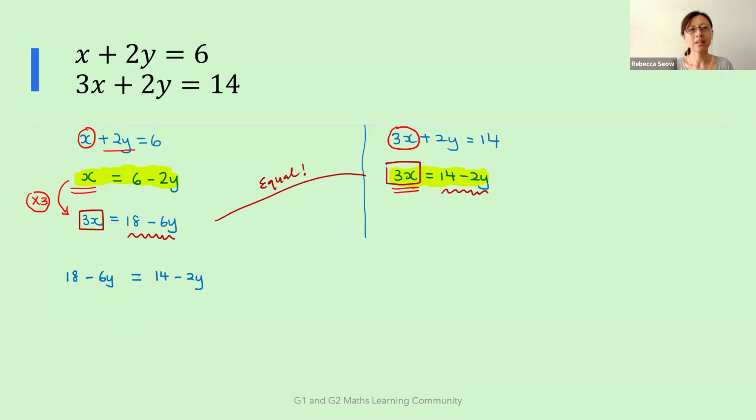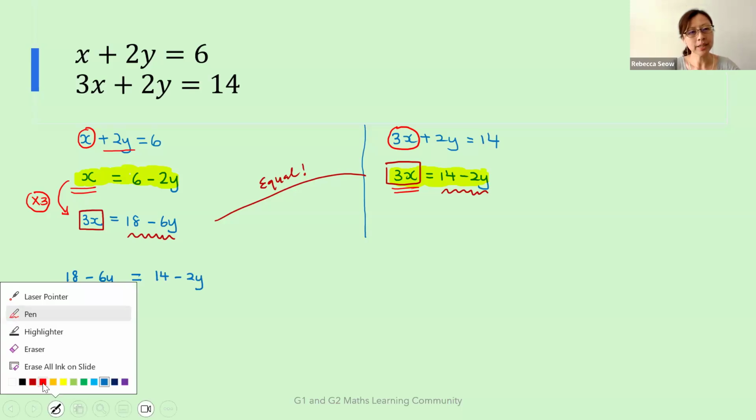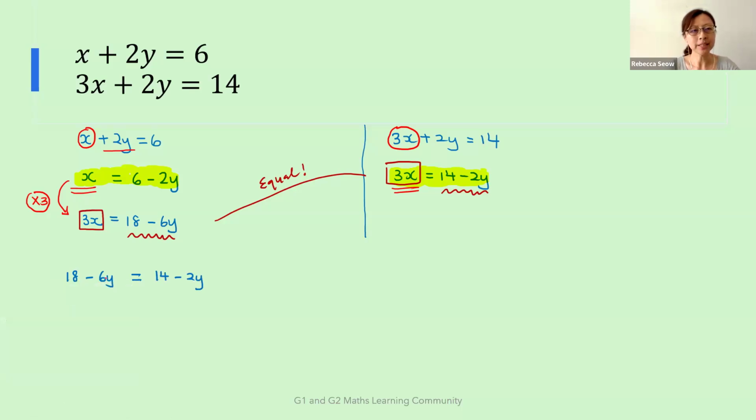Let's now solve for the value of y. To solve for y, we have to eliminate all constant terms from the left-hand side. So if I want to take away 18, I'll put down minus 18 on both sides of the equation.